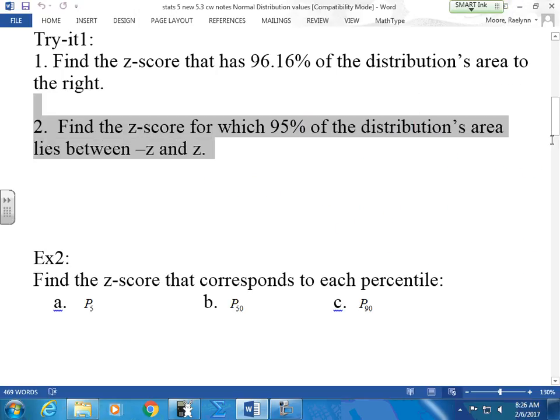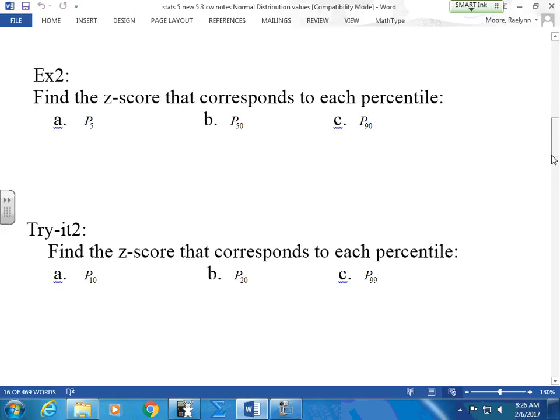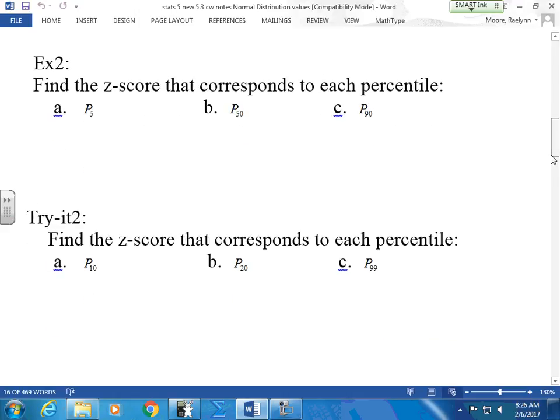Now, sometimes we're given a percentile, and we're asked to find the z-score that goes to this percentile. Where does your area accumulate from? Which side? The left. So your area accumulates from the left. And we talked about how you're ranked, how you accumulate your percentiles.